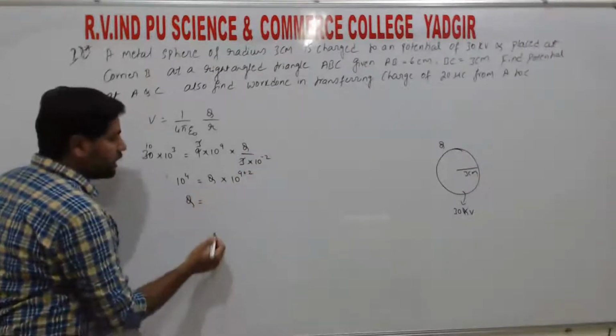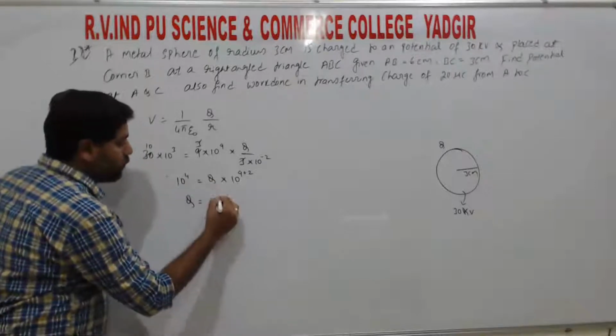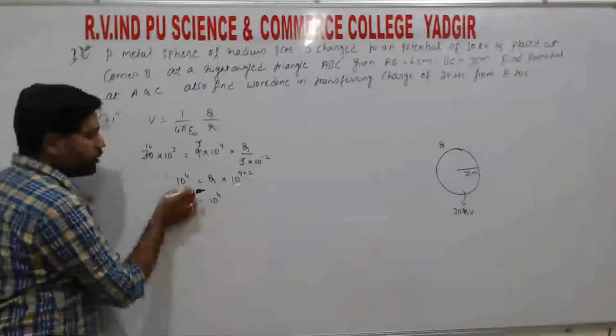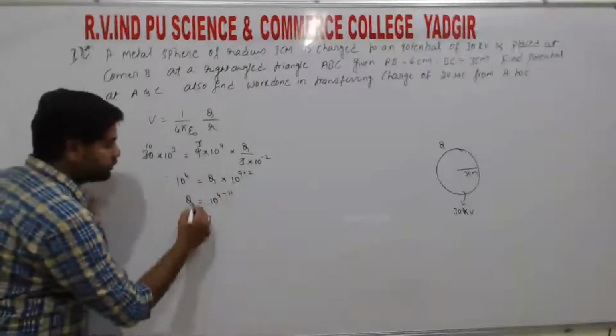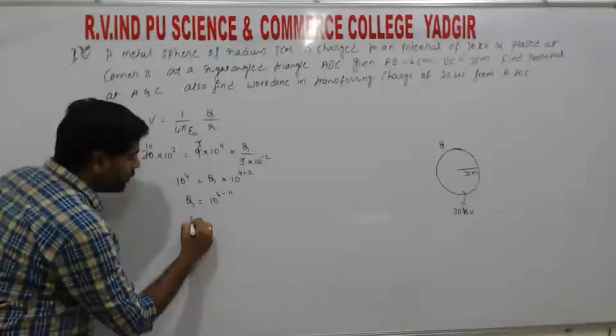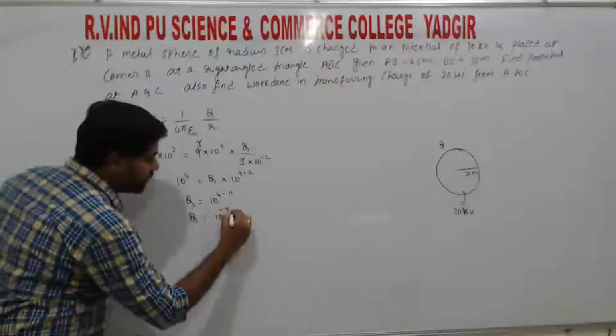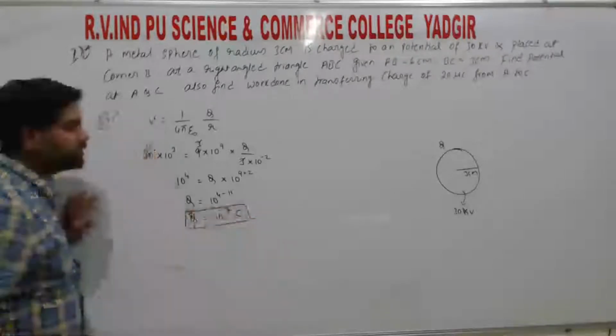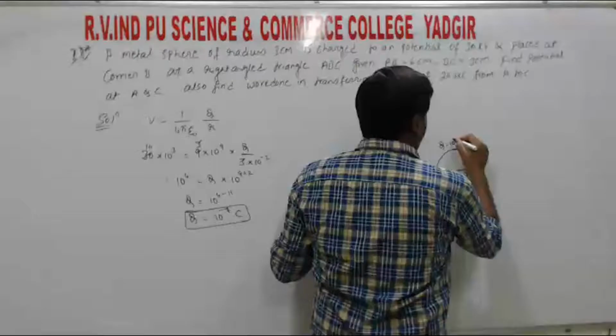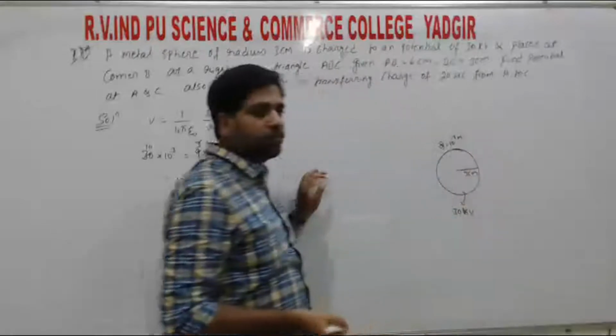So Q is equal to 10 to the power of 4, this goes to the denominator, that becomes minus 11, right? Q is equal to 10 to the power of minus 7 coulomb. So this is the charge which is stored on this sphere.